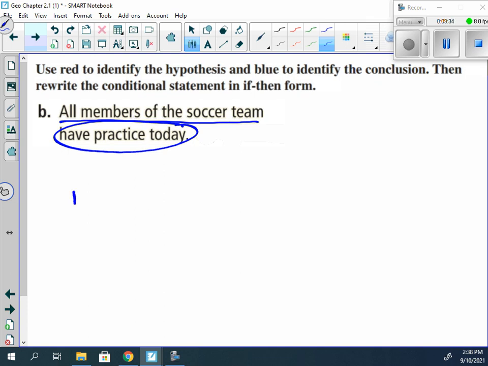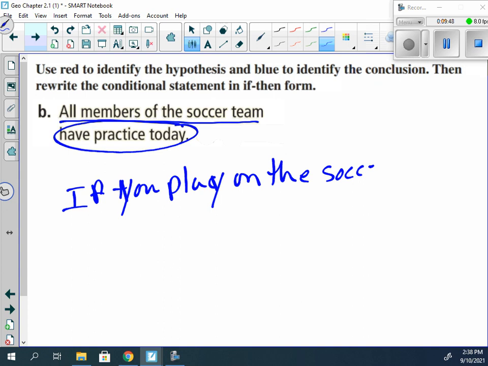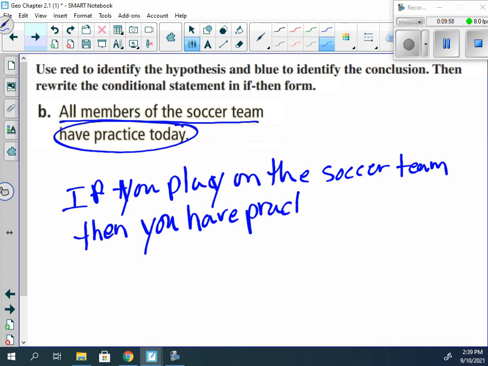If you play on the soccer team, then you have practice today.